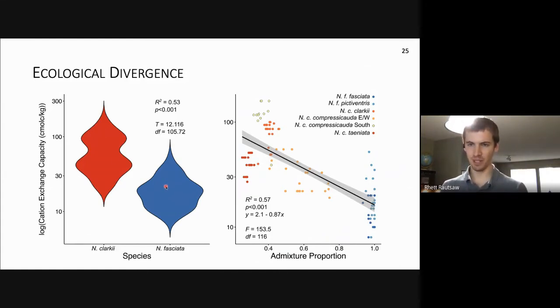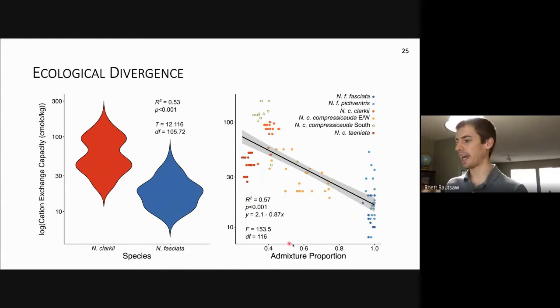But what's really interesting is when we look at this data alongside our construct admixtures, we actually see a pretty tight correlation where individuals which share the most ancestry with Neurodia fasciata, over here on the right side of the graph, also occupy the least saline environments.